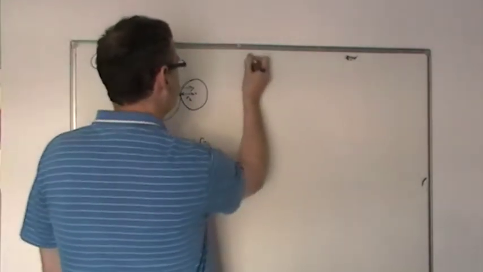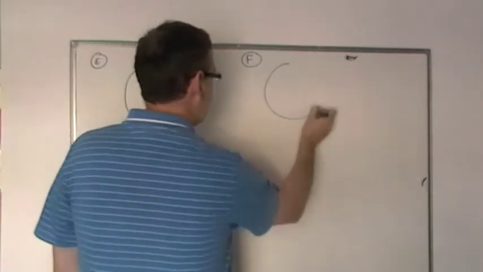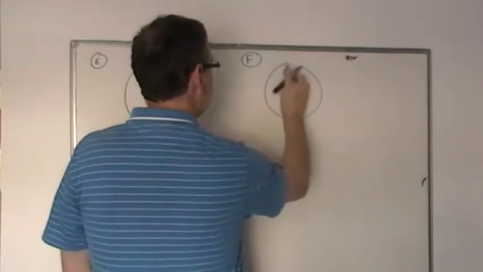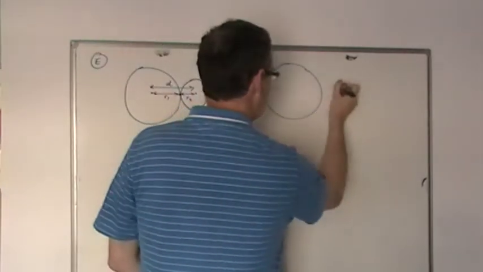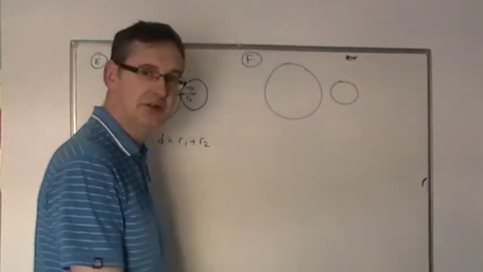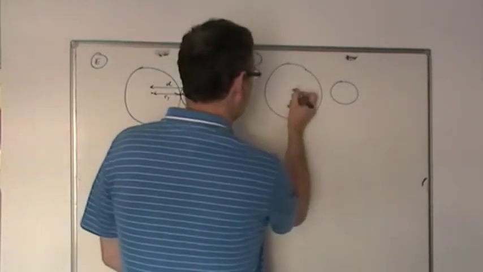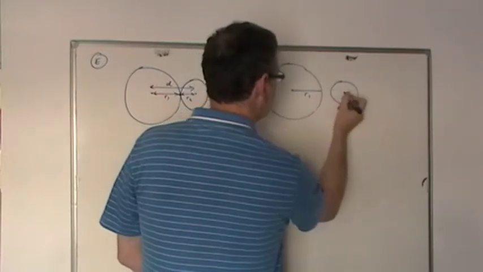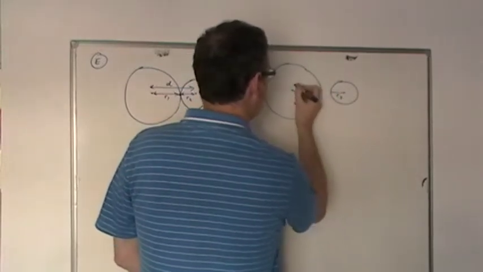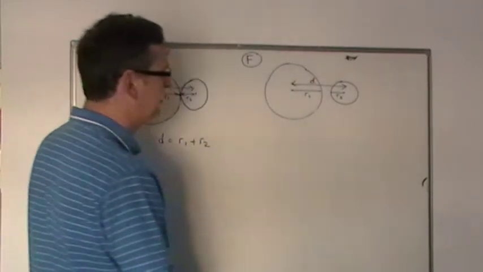And then if I take situation F, let's say I take the bigger circle again, and this time I'm going to take the smaller circle and shift it a little bit further along. So this time the small circle is outside the big circle. You've got the radius of the big circle, R1, the radius of the small circle, R2, and the distance apart, D, of the two centre points.